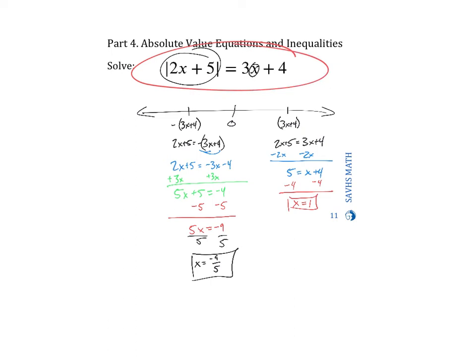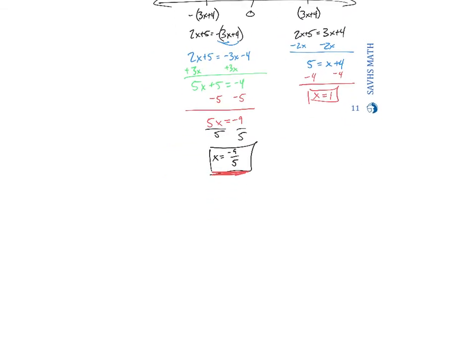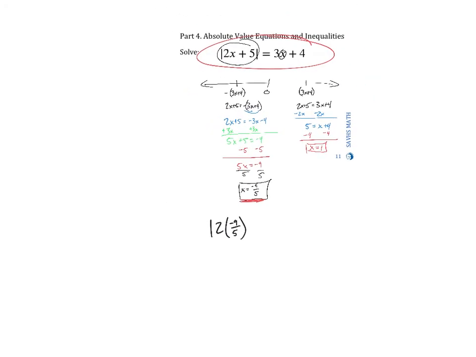So this is going to be a little bit tricky because I got an ugly answer, but we can do this. Let's see what happens when you put negative 9/5 in. Absolute value of negative 2 times negative 9/5 plus 5 equals 3 times negative 9/5 plus 4.